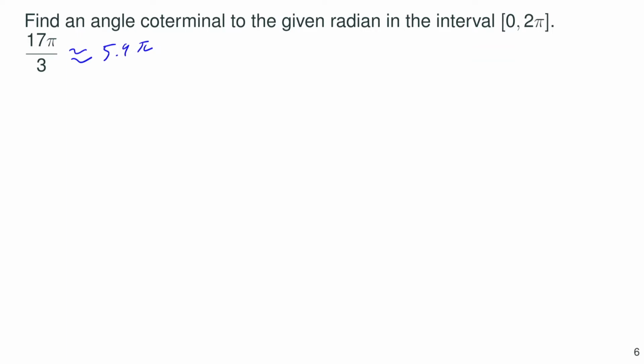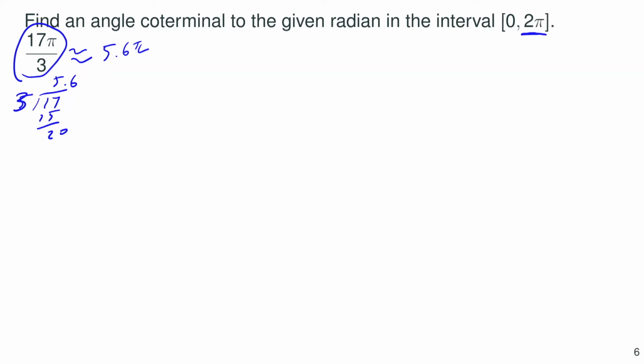So 17 divided by 3 is 5.6, so it's not 5.9. It's about 5.6 pi. And the point of doing this is just to show that this angle right here is bigger than 2 pi, so it's out of the given interval.